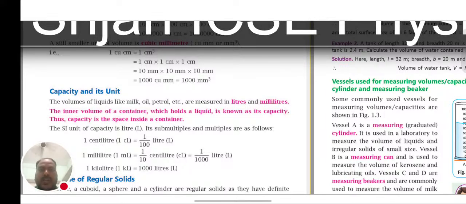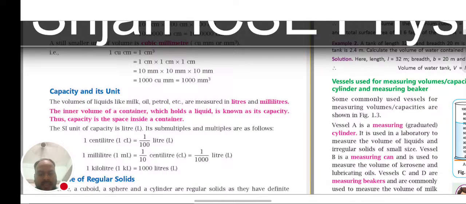We know that 1 centimeter equals 10 mm. Yes or not? So 10 mm into 10 mm into 10 mm, 3 times multiplication. Then 1 centimeter cube equals 1000 millimeter cube. Yes or not? So these are some multiple units for volume.